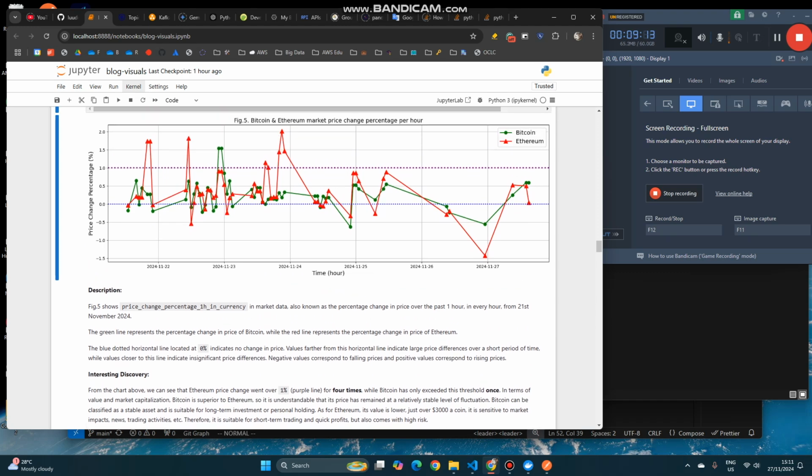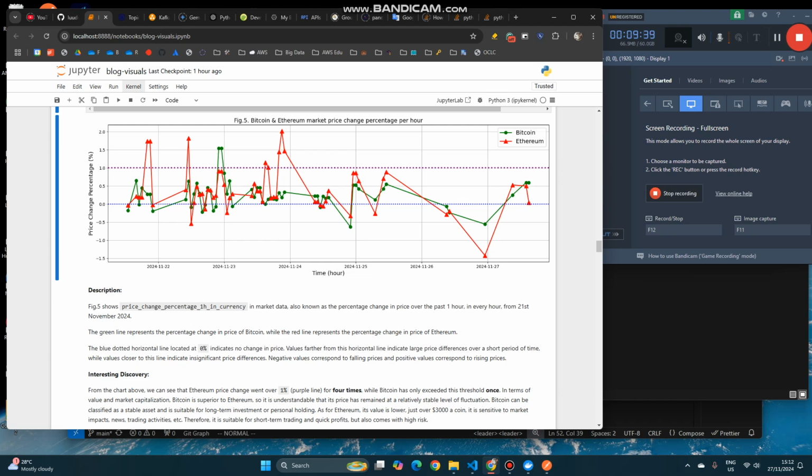The interesting thing that I found from this graph is that there are four times the Ethereum goes over 1%. There's a purple line here at 1% of change, and we can see the Ethereum go further from this line four times.